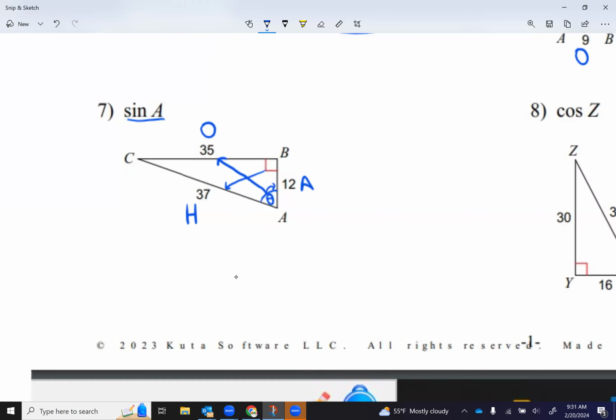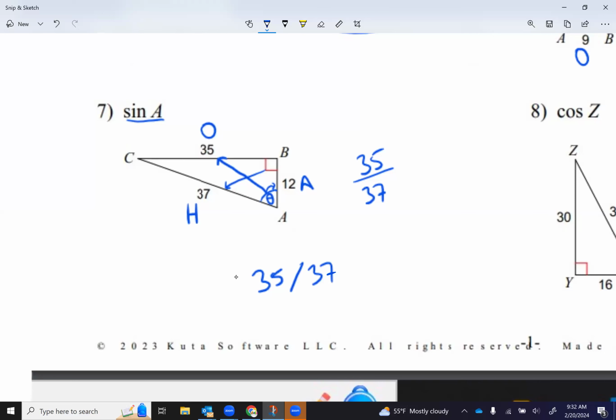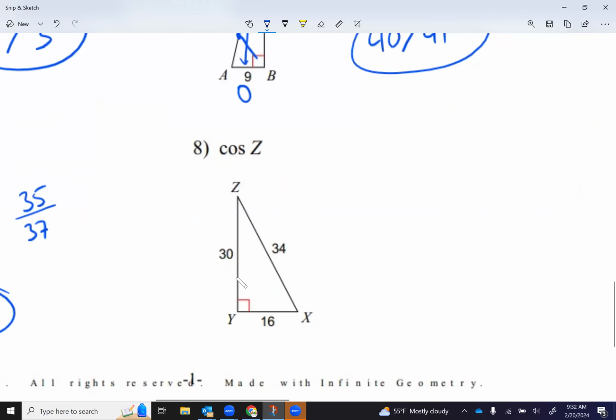According to my table, sine was opposite over hypotenuse. So I'm just going to go 35 over 37. Then simplify if you can. This one we cannot, so that's as low as we can go. So I'm going to go 35 backslash 37. Right, 35 over 37.